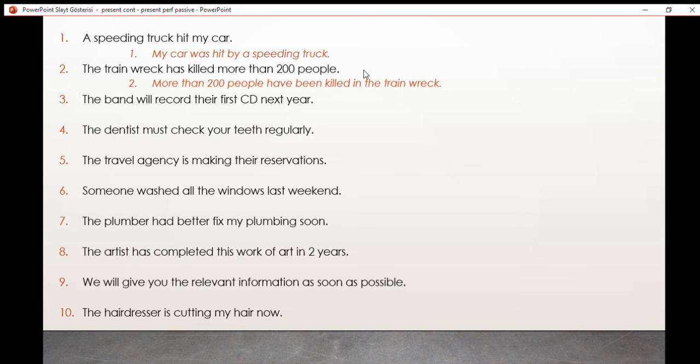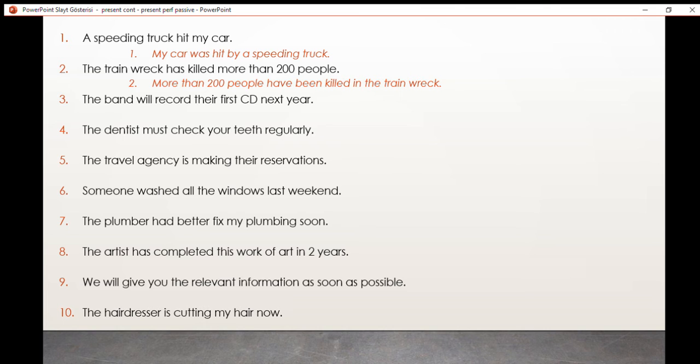Now, if we say by here, that wouldn't make any sense because the train wreck didn't really kill the people. They died because of the train wreck. So because of the accident. That's why if we say by the train wreck, that might sound a little like, I don't know how to explain that.